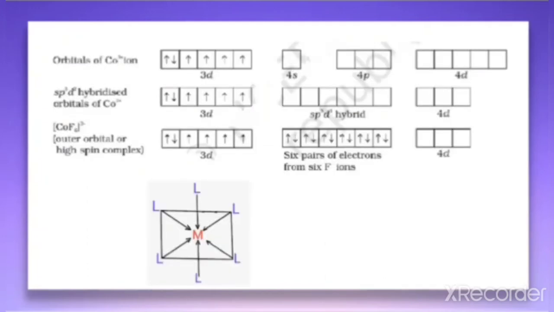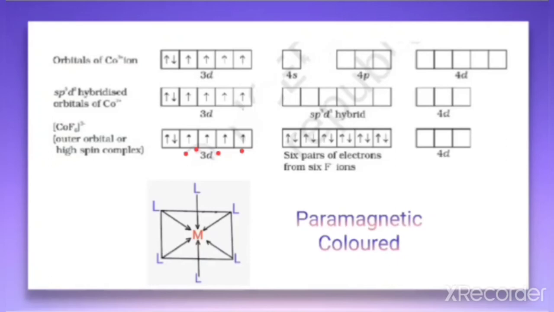What about the magnetic behavior? When you look here, there are some unpaired electrons available. How many unpaired electrons are there? That is 1, 2, 3, 4. 4 unpaired electrons are there. So this shows paramagnetic behavior and it is colored. Why is it colored? Because of the presence of unpaired electrons.